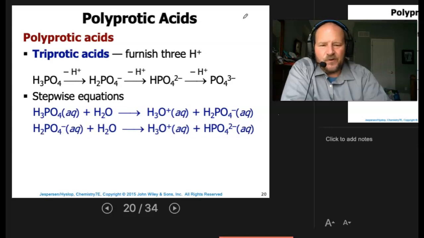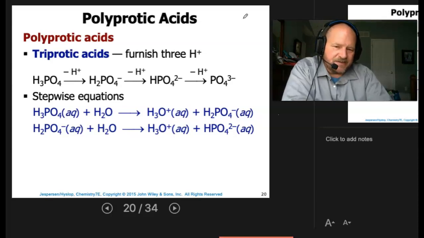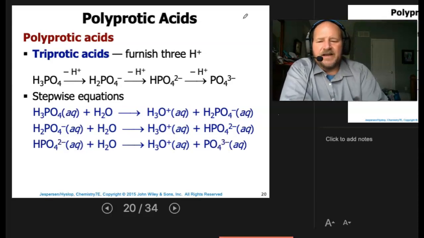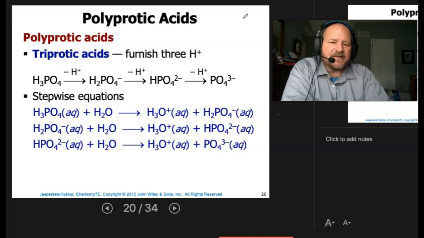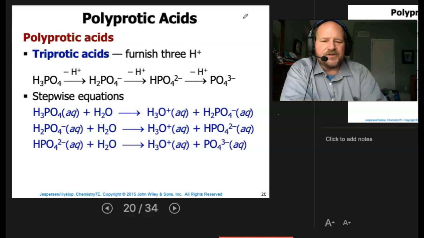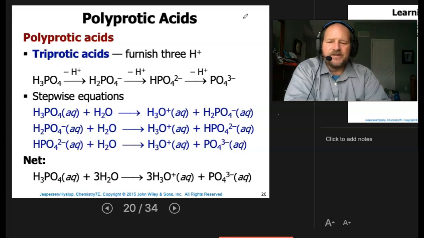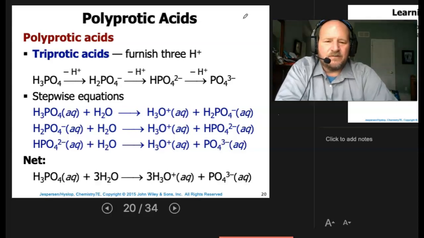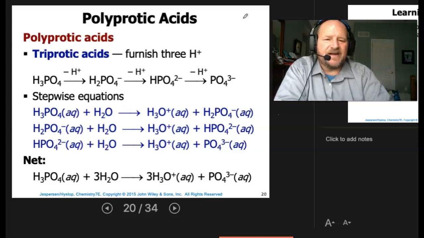The H2PO4 minus can then lose another hydrogen, furnishing another H3O+. Then finally, the HPO4 2 minus can give us that last hydrogen. We'll now have the phosphate by itself, and of course, 3 hydroniums. So the net would be H3PO4 plus 3 waters gives us 3 hydroniums plus that phosphate.